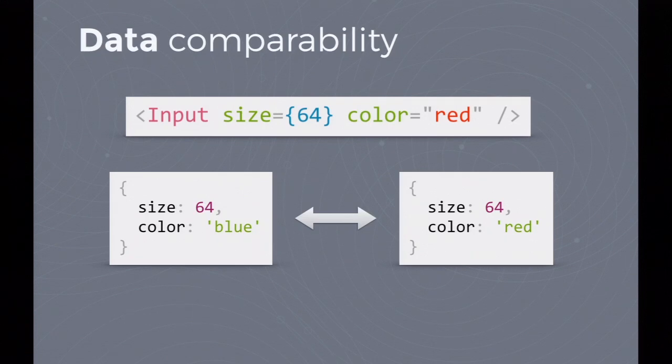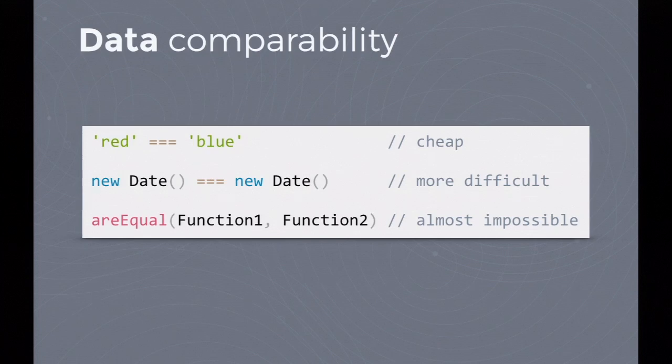PureRenderMixin is really good at doing these comparisons without any problem because these fields contain highly comparable data. But what happens when we want to use more interesting data? If we want to compare something like a date, that might not be as inexpensive, right? Or we might have to massage the data a little bit to get something like Date.now if we support it, or whatever. And there are other types of data that could be even trickier.